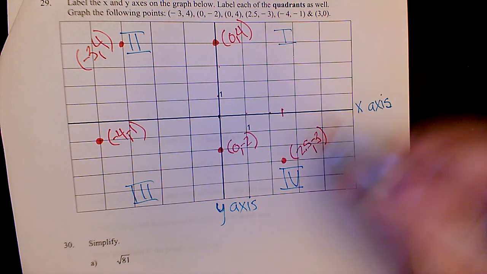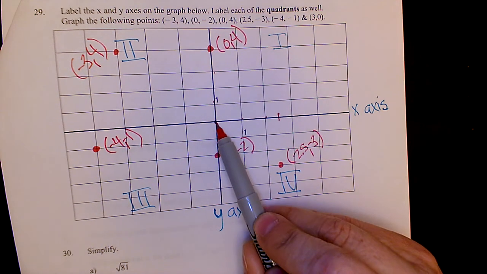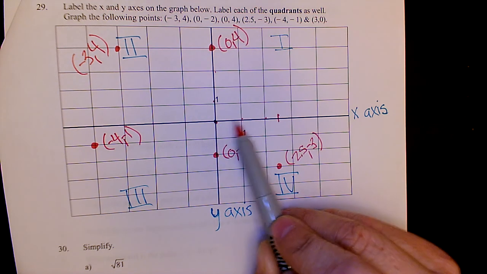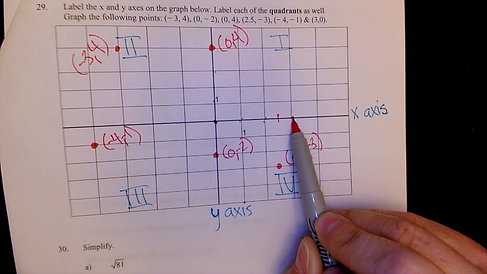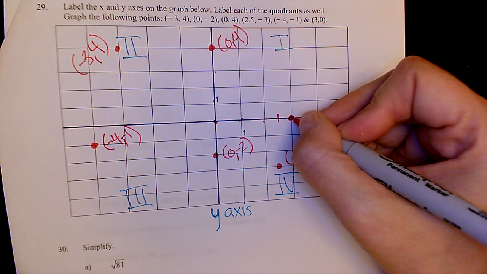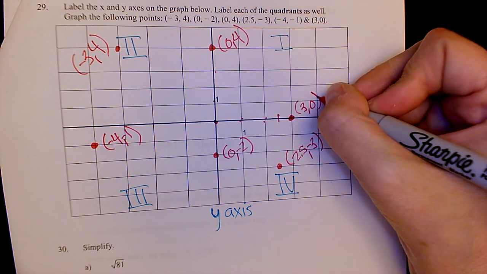And then my last one is 3, 0. So I'm coming back to the middle, going over 3, 1, 2, 3, and then I'm not going up or down anything. So I'm just staying on the x-axis, and that is 3, 0.